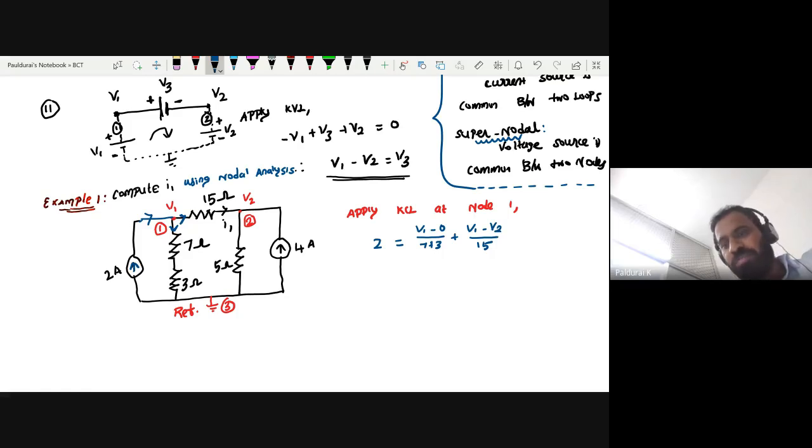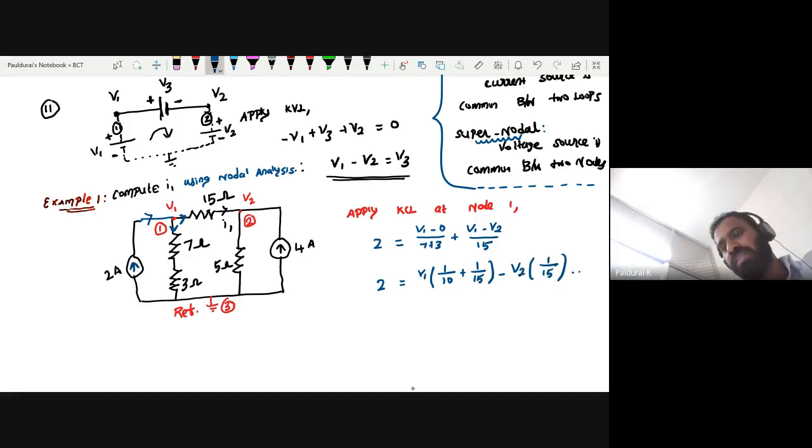So any doubt? So this is V1. If we take V1 as common, so 1 by 10 plus 1 by 15, then V2 times 1 by 15.